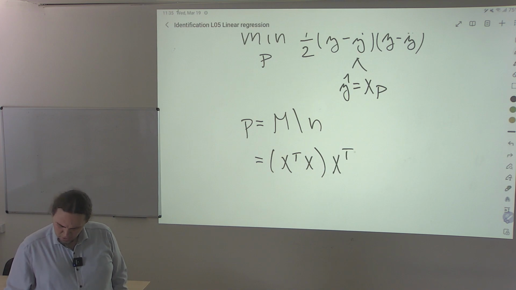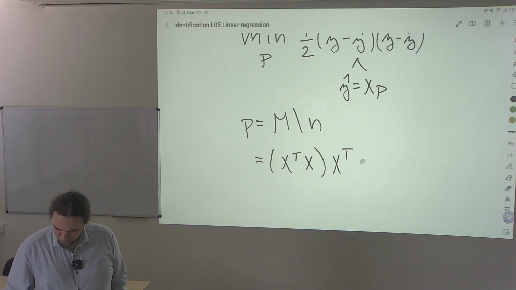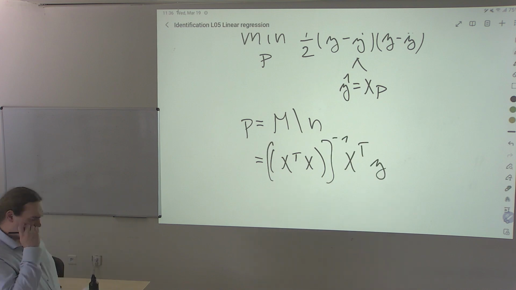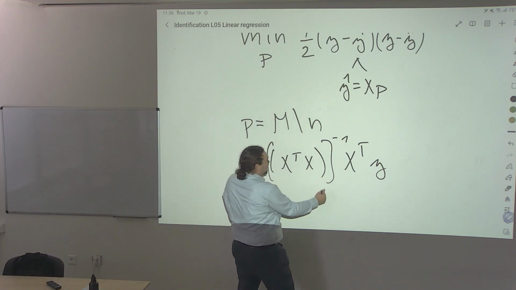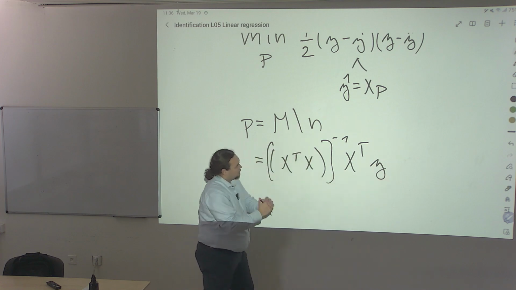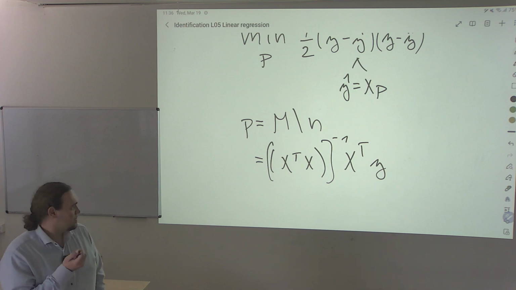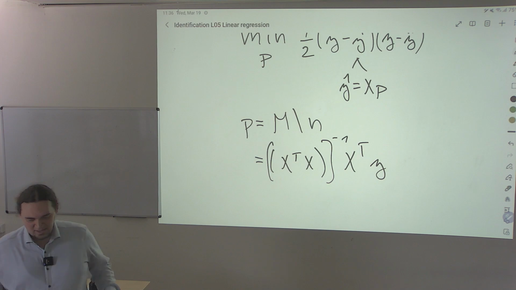I can tell you it will look something like this: one matrix, another, and another vector. You might already try and use this in your exercises. We will derive it next time.